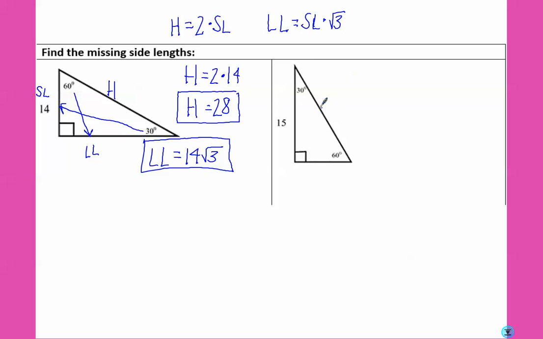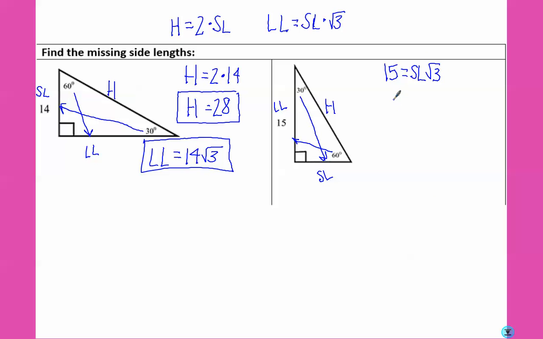In our next example, we're not given the short leg. So we're going to have to find that first using the long leg, and then we'll also have to find the hypotenuse. So we know that the long leg, which is 15, will be equal to the short leg times the square root of 3.